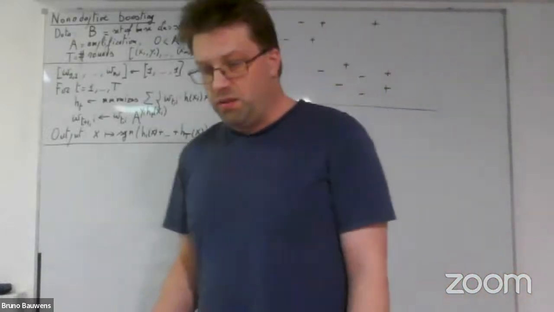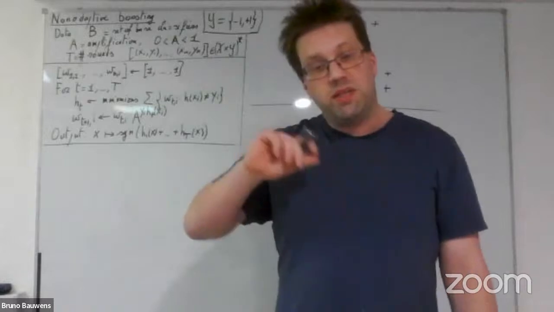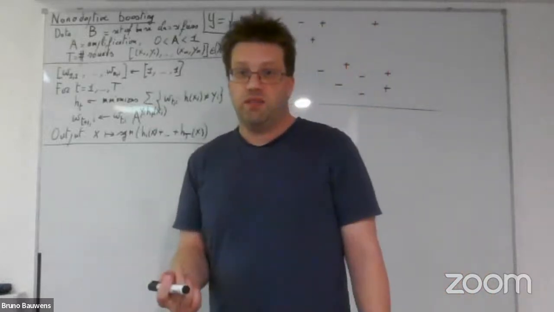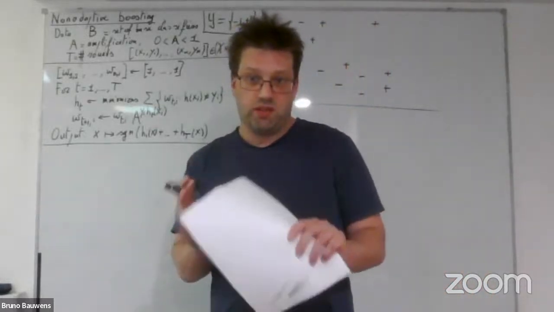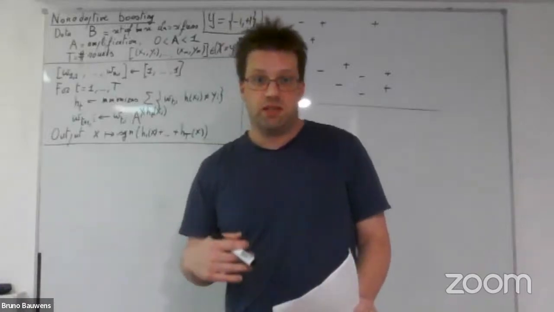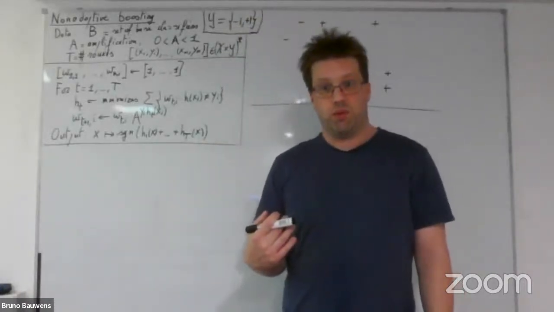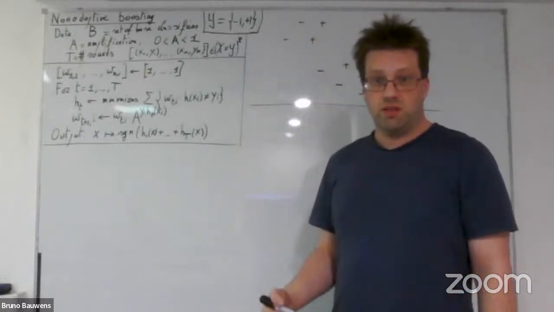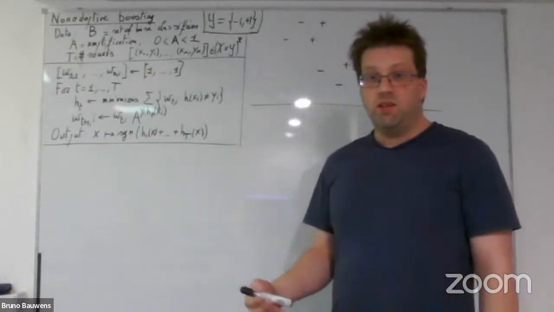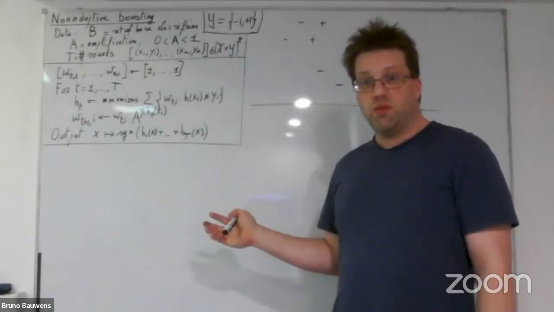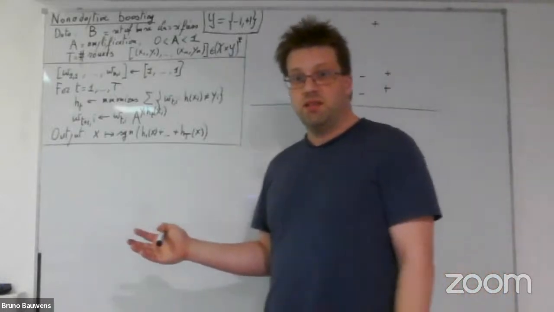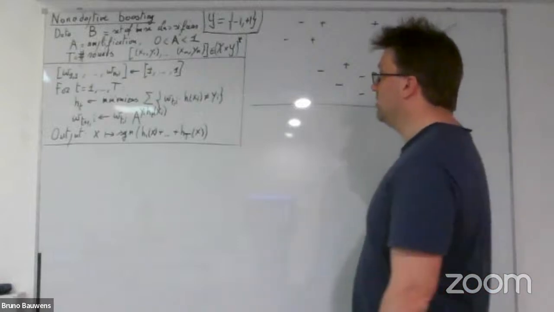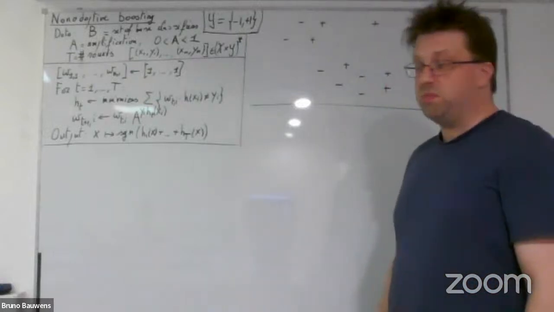Then we increase the weights of badly classified points to focus on these points, and decrease the weights on correctly classified points. In the next round, we choose a good classifier according to these weights. And in the end, we will output a majority vote of the selected classifiers. So this is the idea of boosting.